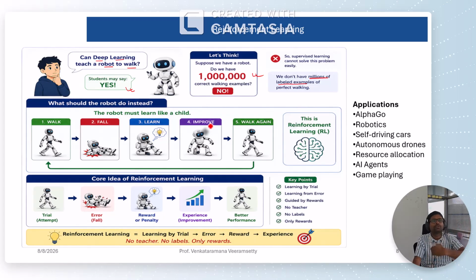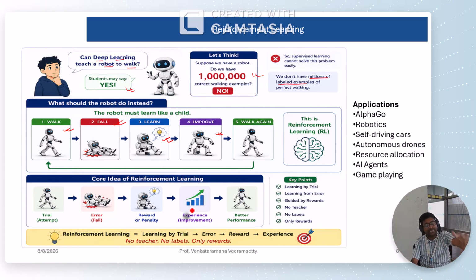Then leave the robot in that environment, and it starts walking. It may fall, it may fail, and it gets up and starts learning, and it will improve, and finally it walks. This process will be repeated, as I said earlier. In an environment, the robot will go with some random action.